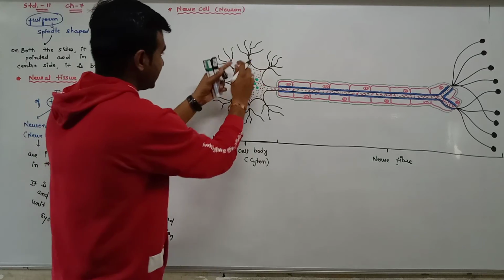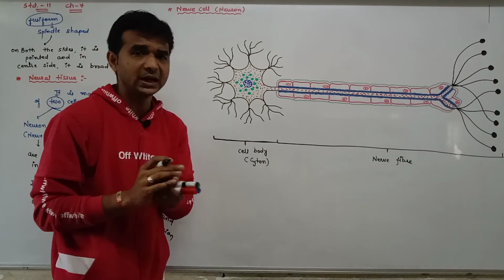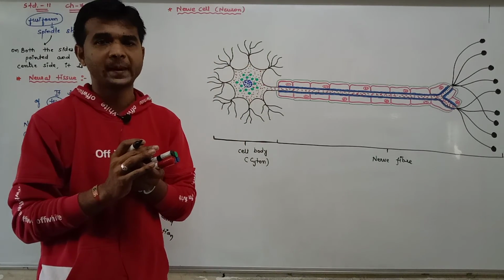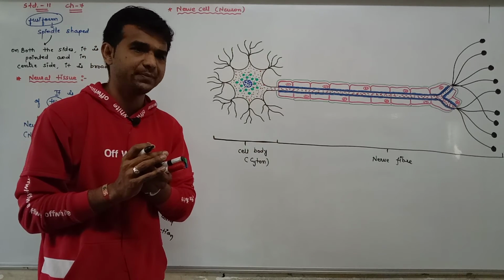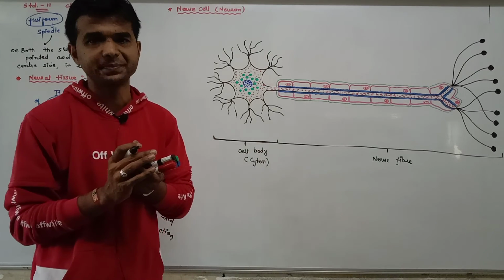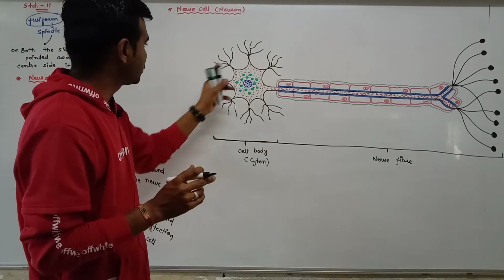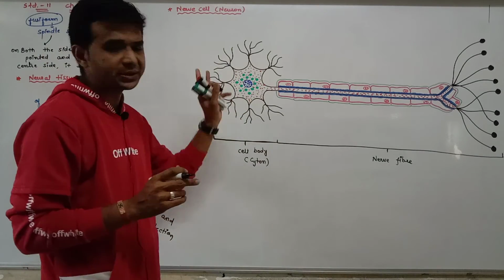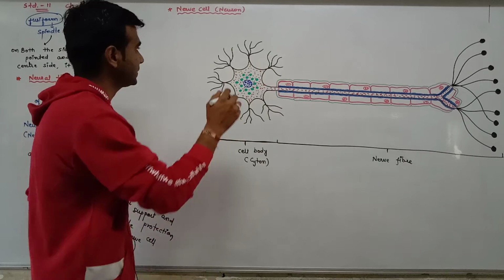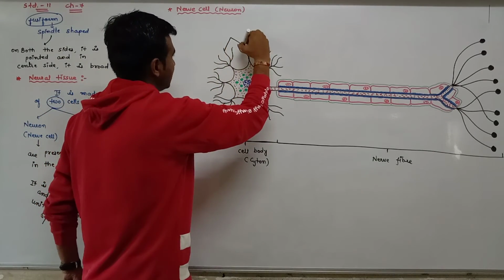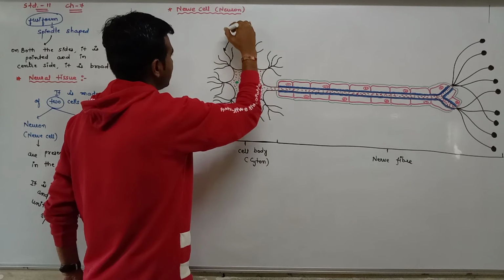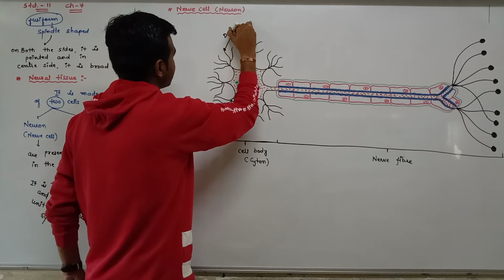Here, this is the main star-shaped body. Sometimes in a nerve cell, a round shape, oval shape or star-shaped cell body is there. So here, this is the star-shaped cell body, and these fine filament-like structures are known as dendrites.